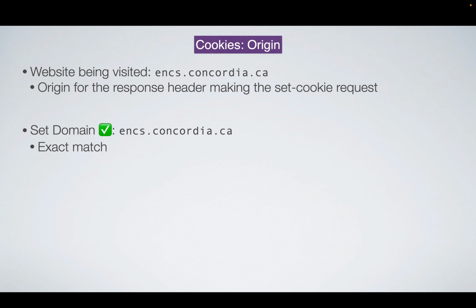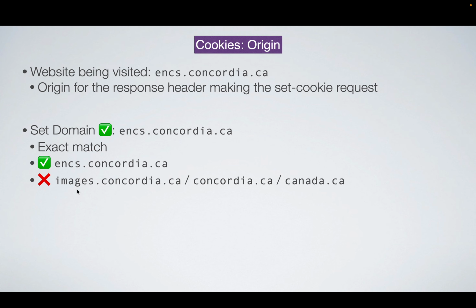If I go exactly back to encs.concordia.ca, this cookie will get sent. If I go to anything else, like images.concordia.ca, just concordia.ca, so a subdomain of this, the super domain of this, or I go to some completely unrelated domain, the cookie will not get sent.